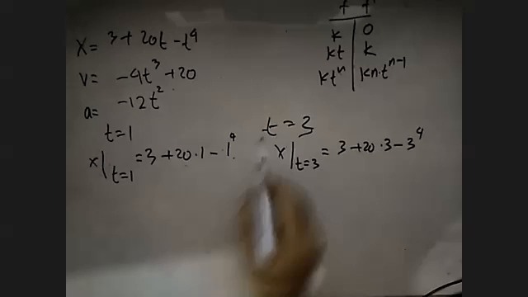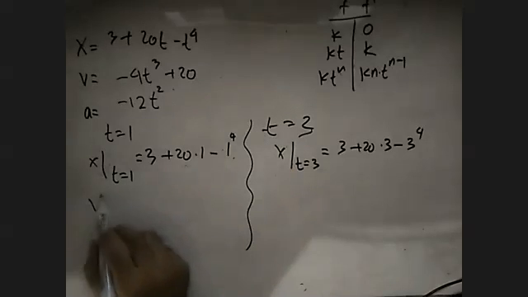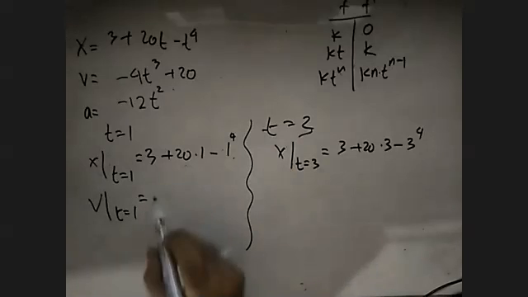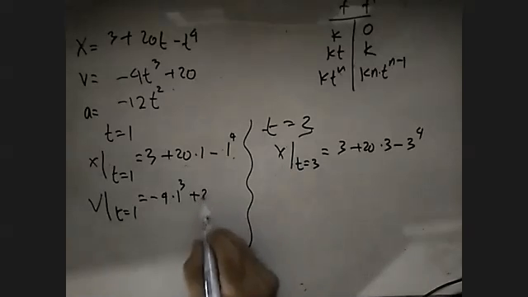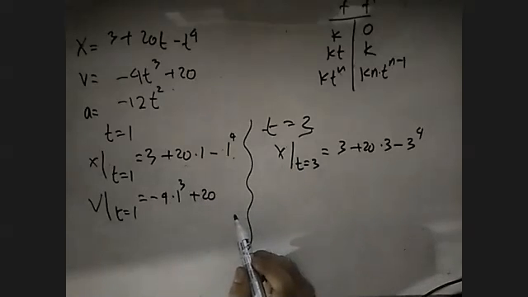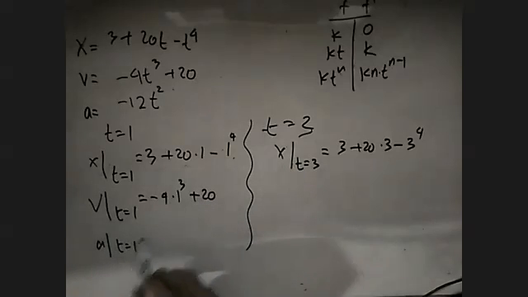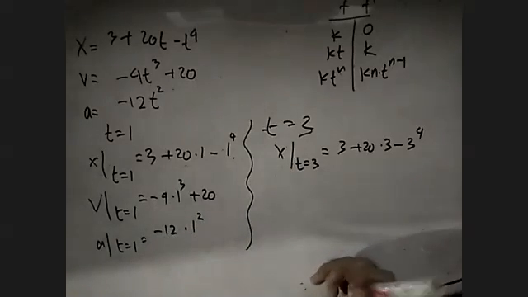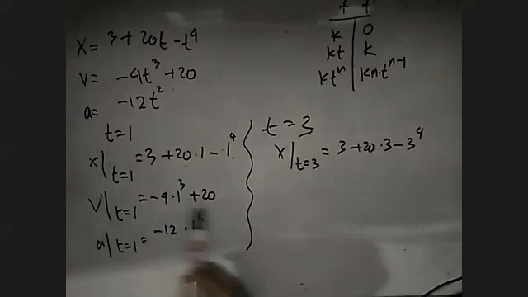So, when t equals 1, v is minus 4 times 1 cubed plus 20. And a, when t equals 1, is negative 12 times 1 squared. Please be careful when calculating things like this in your calculator.